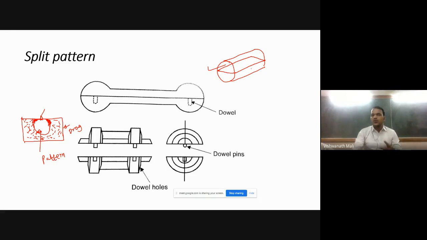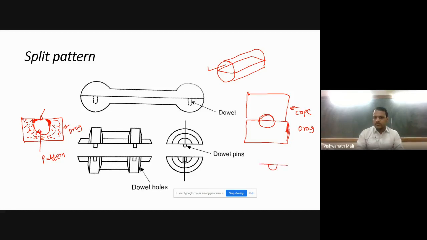We make two patterns, that is split pattern. Consider this is a cope, this is a drag. So half of the pattern is in the drag and half of the pattern is in the cope. Now you can easily remove them.